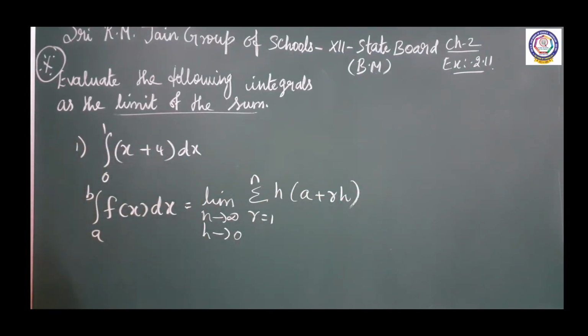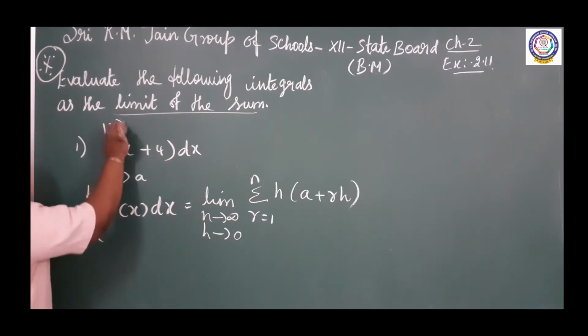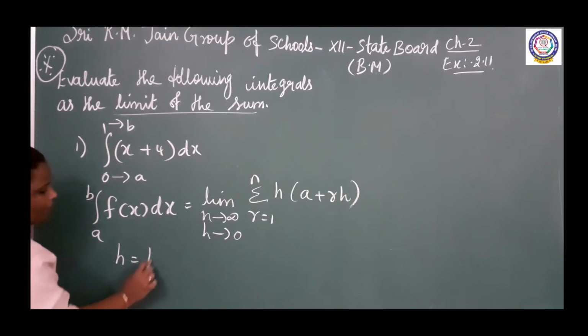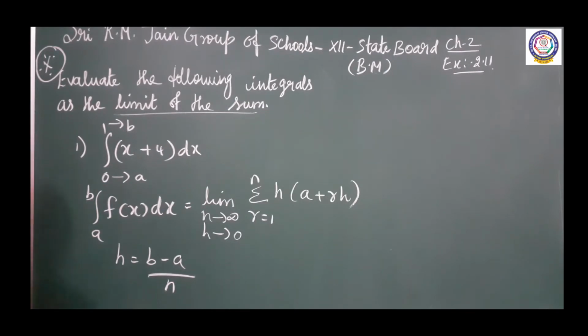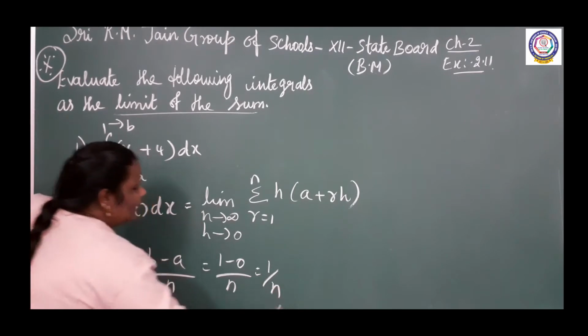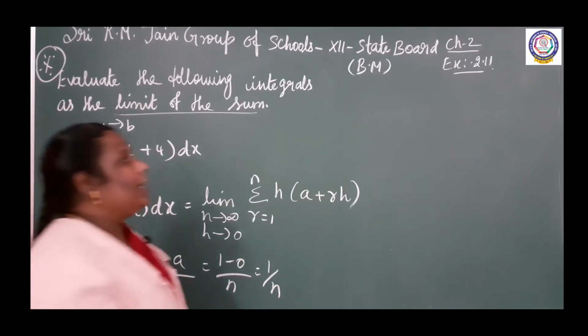Here a equals 0 and b equals 1, so h equals b minus a by n, which gives 1 minus 0 by n, that is 1 by n. h equals 1 by n.